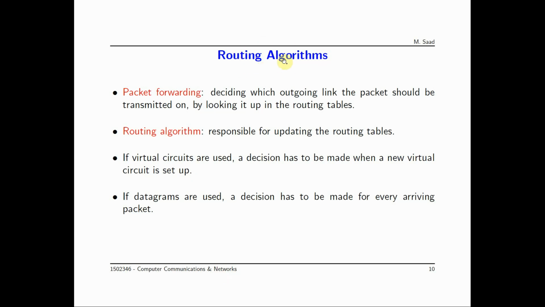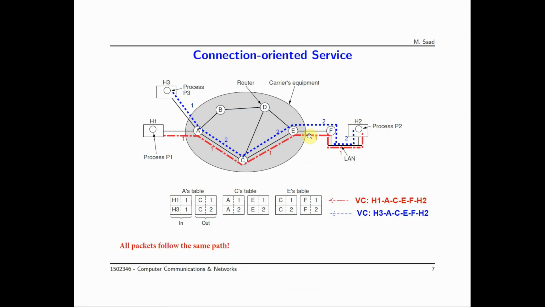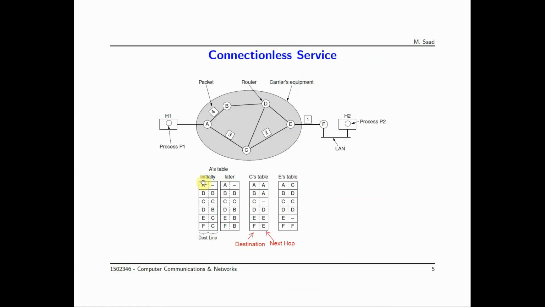Having mentioned routing algorithms, let's distinguish first between packet forwarding and a routing algorithm. When we say packet forwarding, what we mean is basically the router using a routing table similar to the ones that we mentioned last time. A router using a routing table like this kind of table for connectionless services.